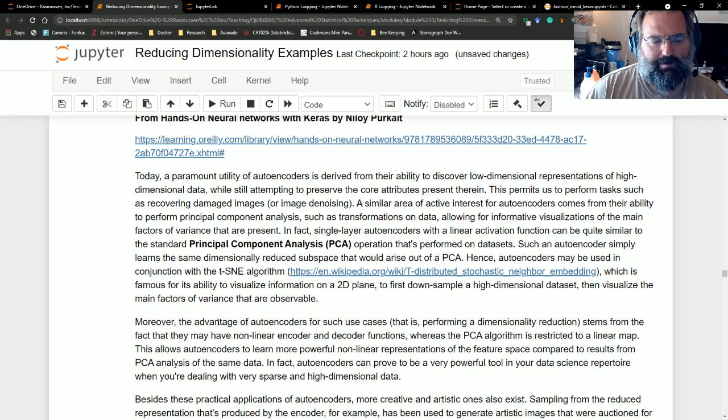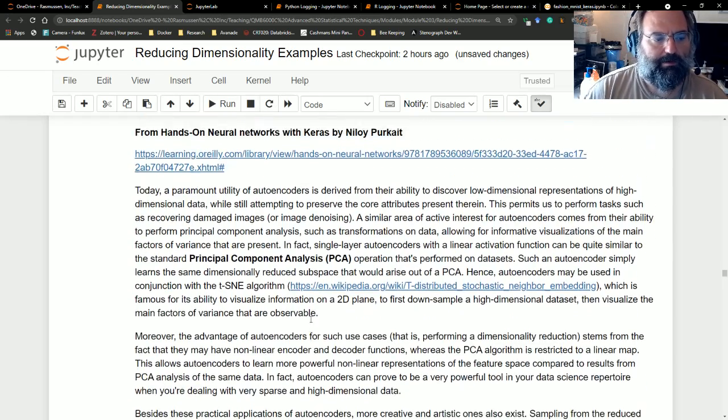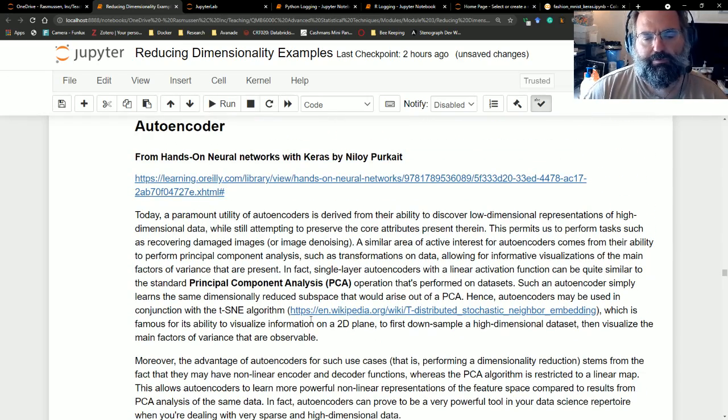Autoencoders are something I've seen before and actually used before, but it was definitely from an AI perspective, not a data science perspective. Not that those two are mutually exclusive by any means, but I was doing some AI that was not necessarily at the same scale that you might do. So the basic idea of an autoencoder is you train it on representative data.